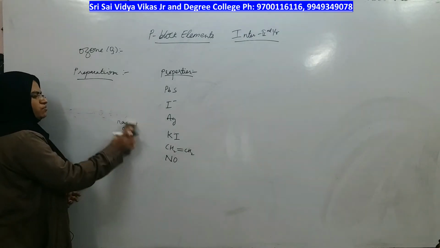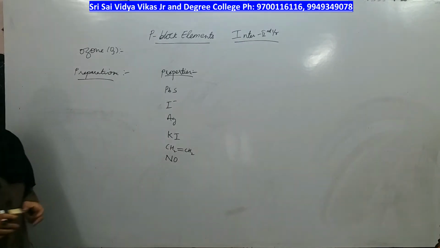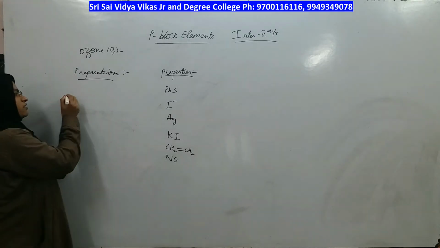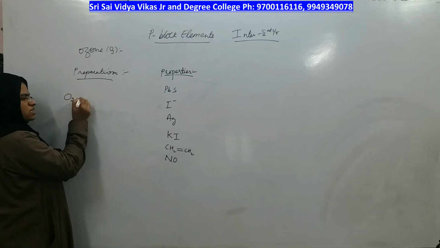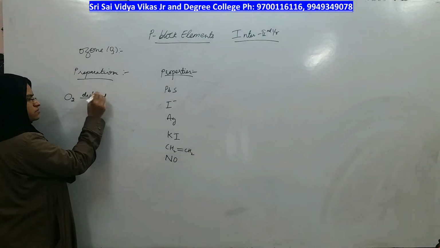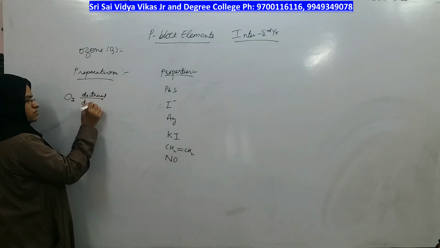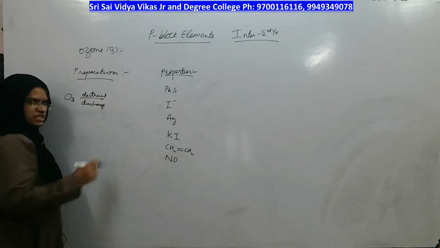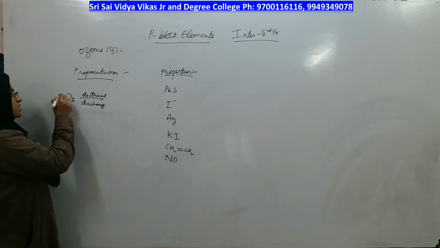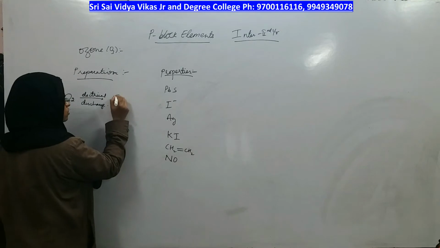Now, coming to its preparation, how can you prepare ozone? If you take oxygen gas and supply a strong electrical discharge, and slowly pass oxygen gas in the presence of the electrical discharge, it will be converted into ozone.